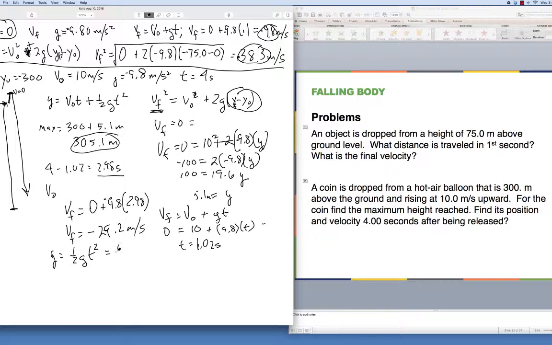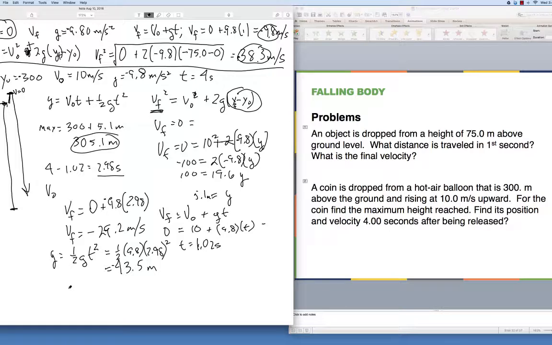So the change is going to be 1/2 times 9.8 times 2.98 squared, so the change is 43.5 meters.